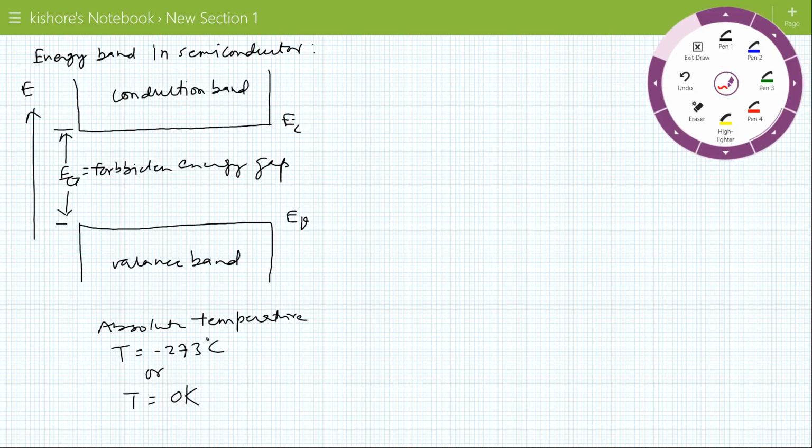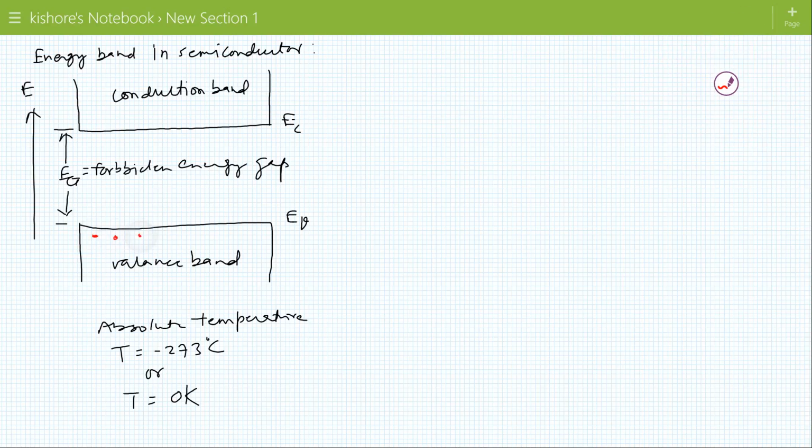At absolute temperature, valence band is completely filled, full of valence electrons, and conduction band is totally empty. These are the valence electrons, and conduction band is empty.